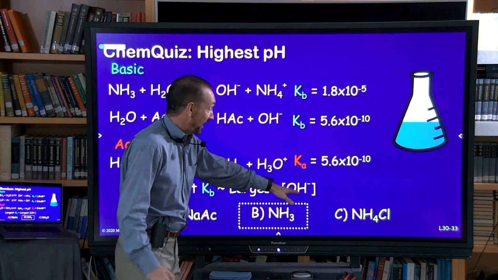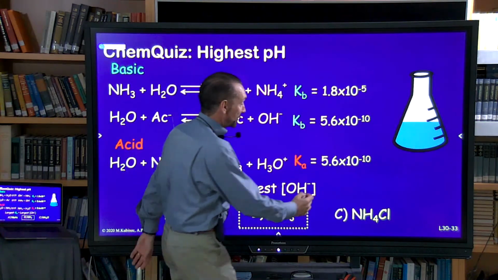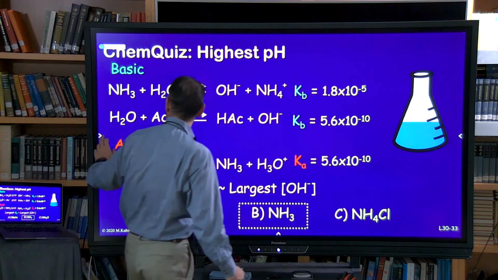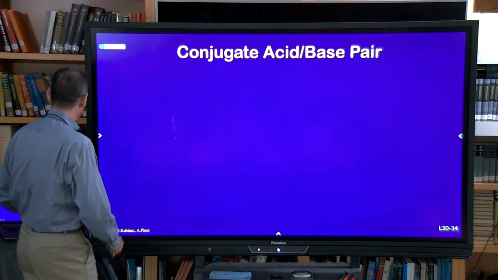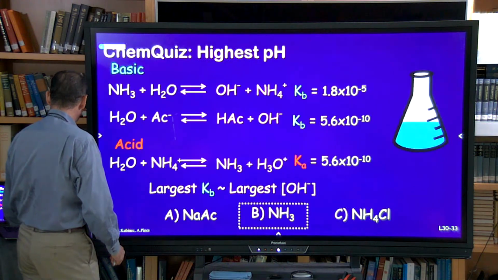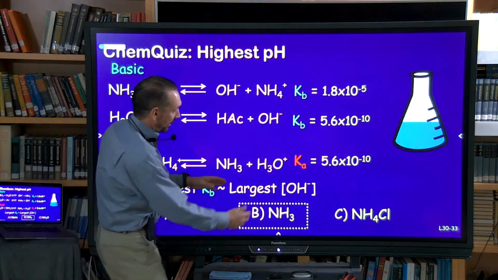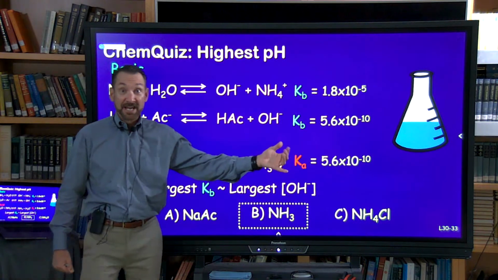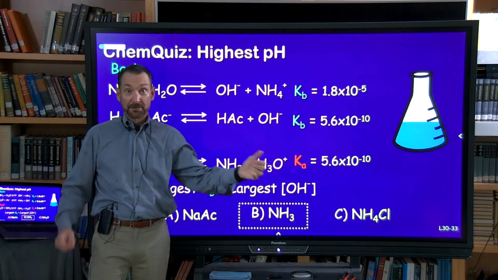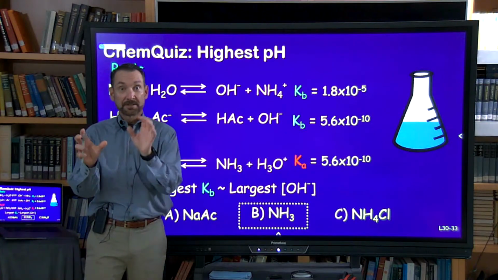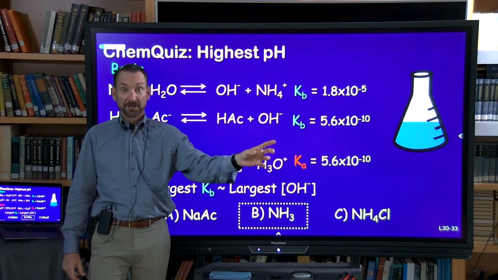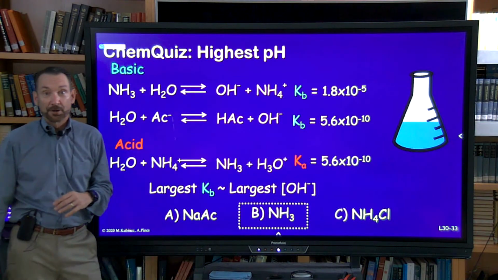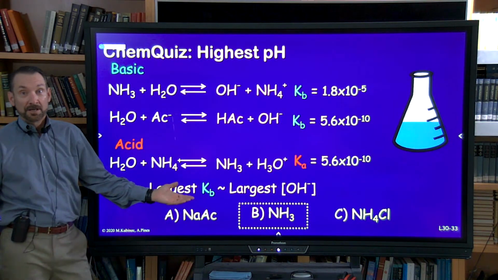How would I get the pH? Well, if I knew the OH minus concentration, I would get the H3O plus concentration by using H3O plus times OH minus is 10 to the minus 14, Kw, and calculate the H3O plus and take the minus log of that.